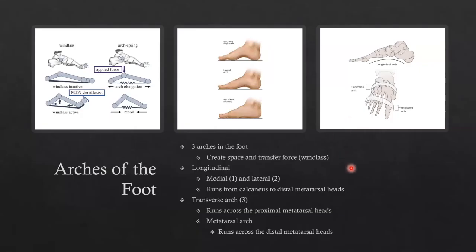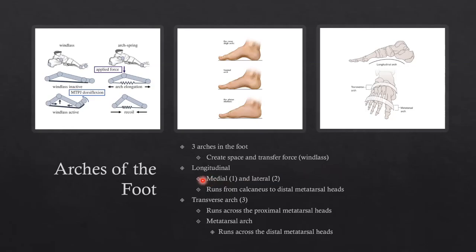I spoke ad nauseum essentially in the hip and the knee lecture, specifically pertaining to movement patterns that may cause arches in the foot to collapse. The main arch that will collapse because of these abnormalities seen in the core and the hip region will mainly implicate our medial longitudinal arch.